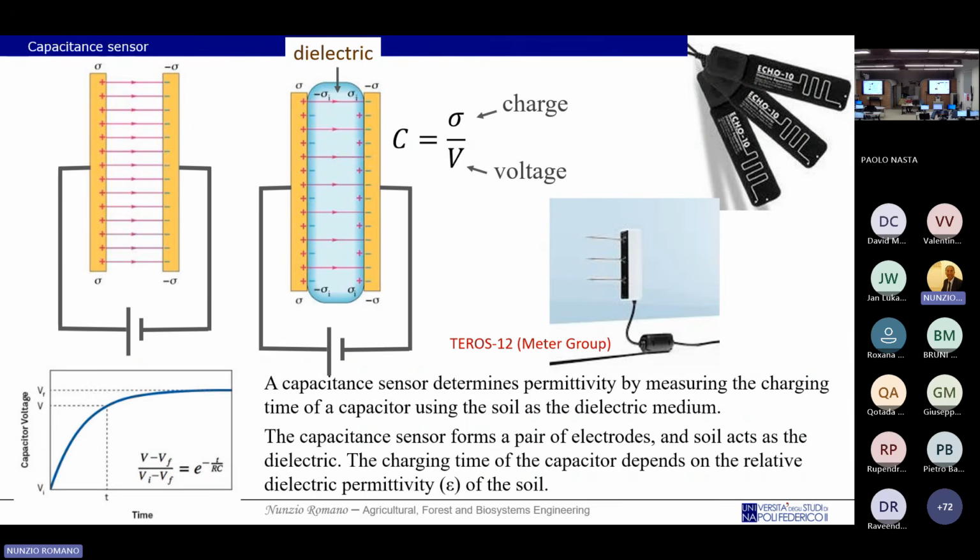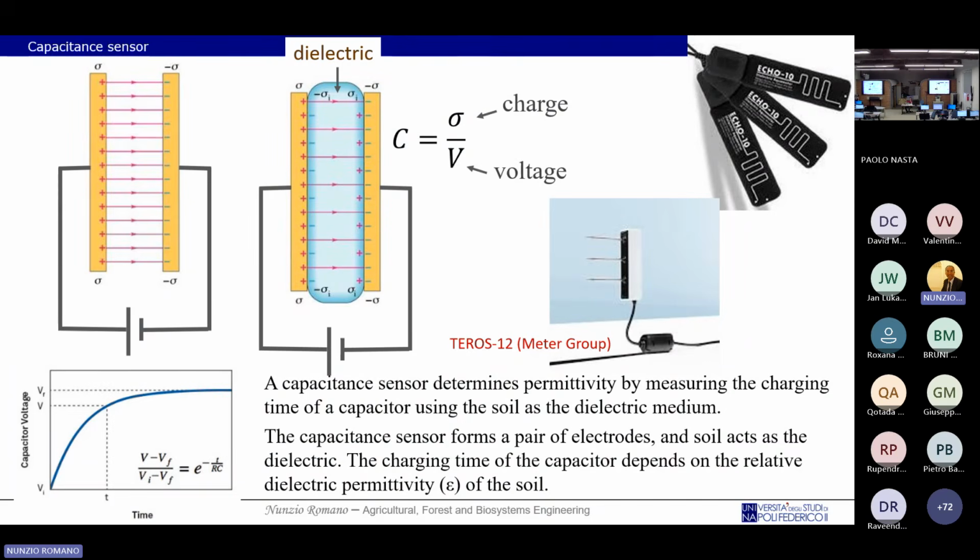And again, the capacitance is the ratio between the electrical charge that you superimpose in the system and the voltage. So the voltage is superimposed, and then the charge is what the dielectric stores. One of the latest capacitance sensors put on the market is the Teros 12, for example.